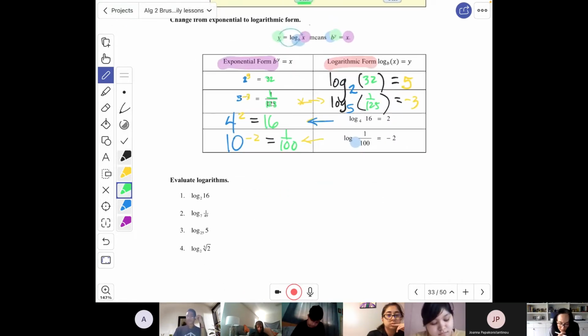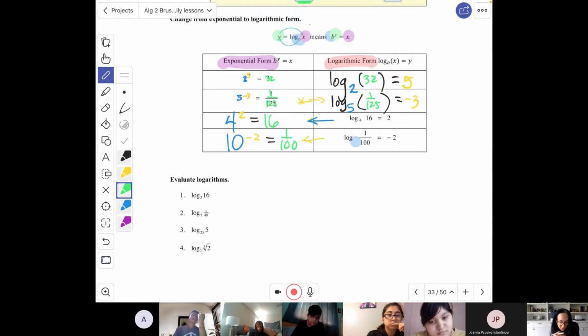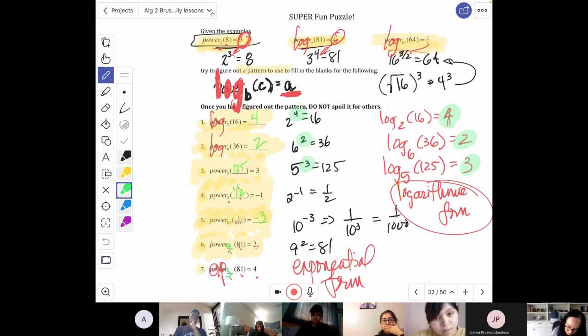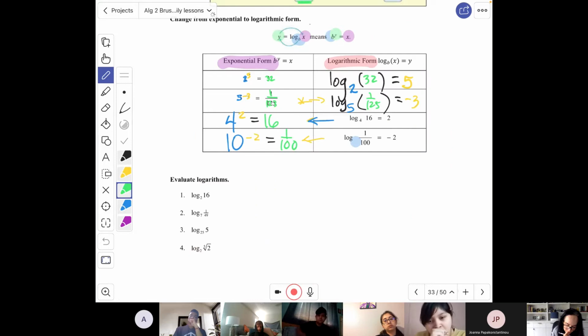Okay, what if I ask you to evaluate these? There are some rules for exponents, and I don't know if you know the rules for exponents. Well, I could just set these equal to x, and I could solve. If I set this equal to x, I could easily convert these to exponential equations and find x.